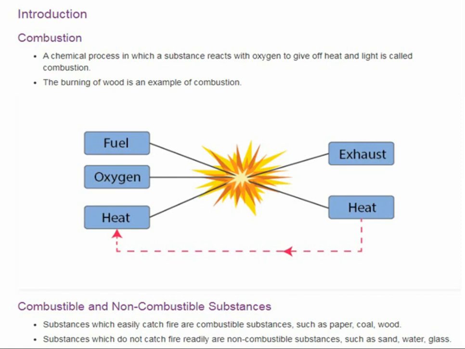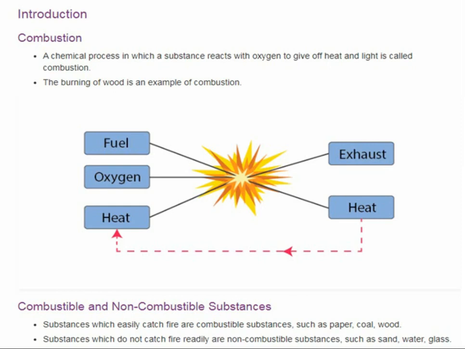Now we are going to talk about combustible and non-combustible substances. Here we also have the diagram that shows us that the fire takes fuel, oxygen and heat, and in result it produces exhaust or CO2, heat and light. Now, combustible substances.